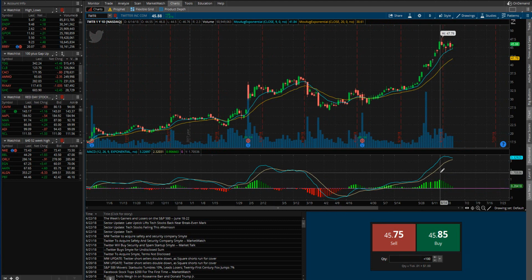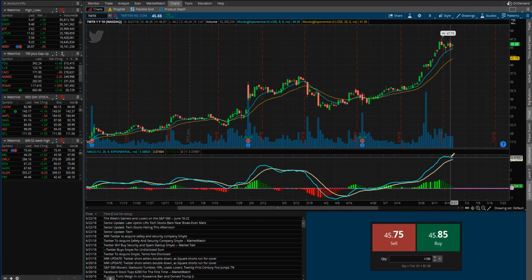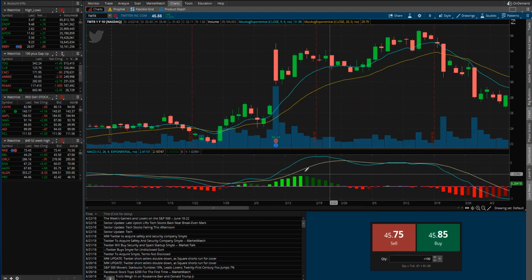So how this all works is when these two lines cross each other, that's when you actually have a change right here on this histogram for the MACD. As you can see right here, this blue line comes up, and when it crosses right there, it starts showing positive momentum.